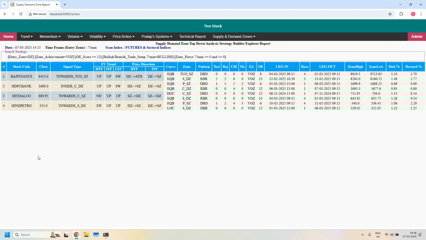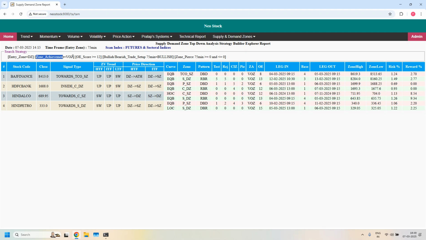We got 4 stocks. That means currently these 4 stocks are supporting bullish trade setup for weekly income trade. And all these entry time frame zones are 75 minutes demand zones. See the time frame, always look into the time frame here. And your entry zone you can identify here.